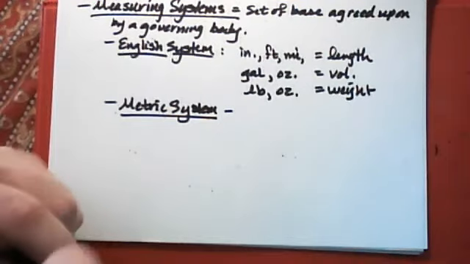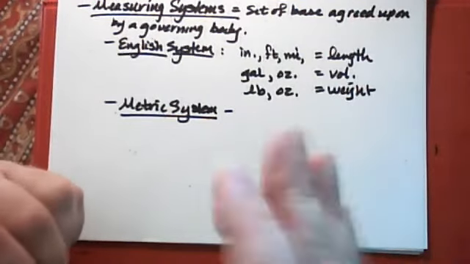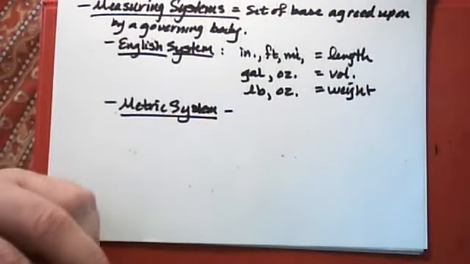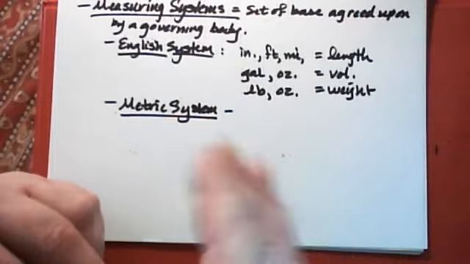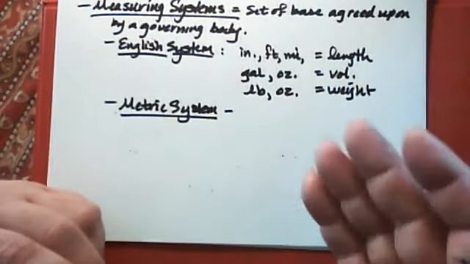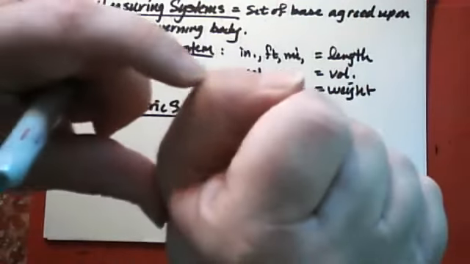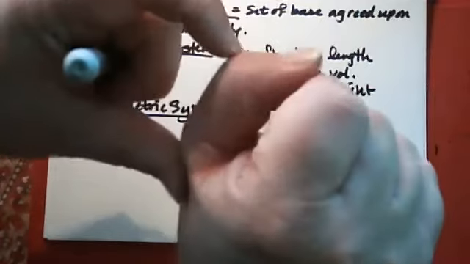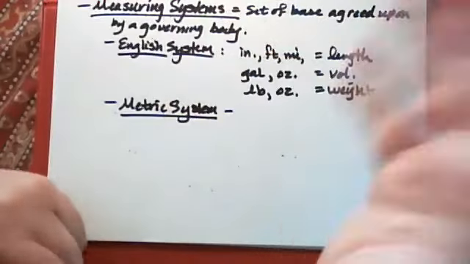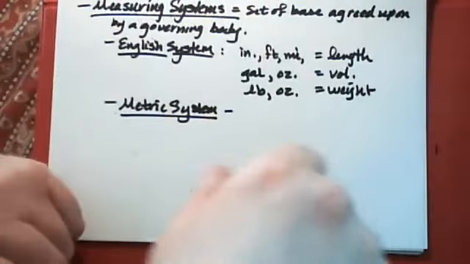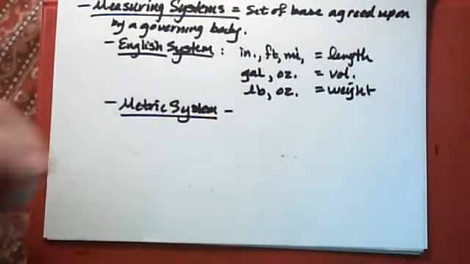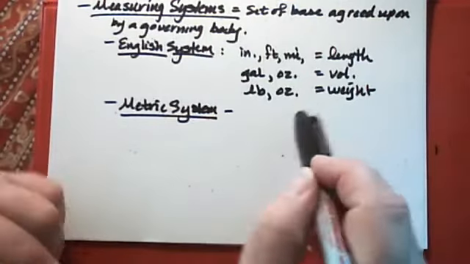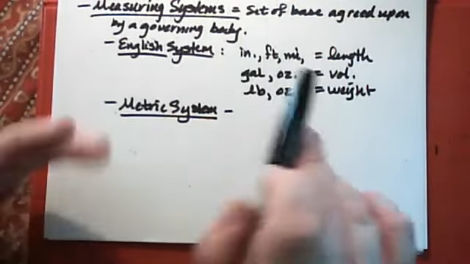The English system goes way, way back into the Middle Ages and some parts of it even earlier. And they used things that made sense for measurement at the time, like the inch was the distance between the end of your thumb and the first knuckle, and the foot was supposedly the length of the king's foot, and things like that. But those things were not standard measurements.